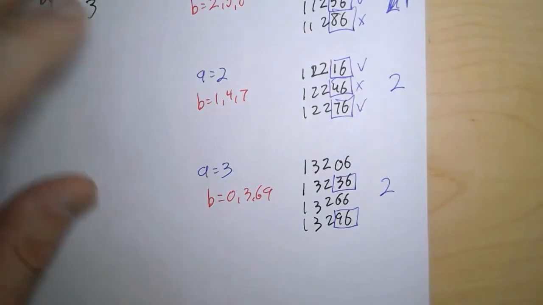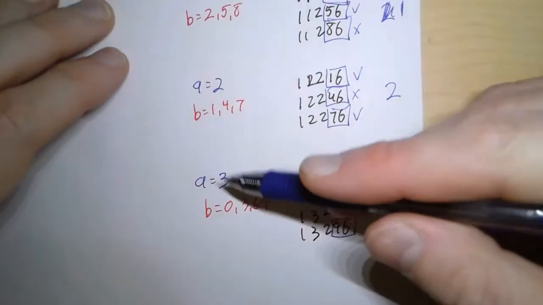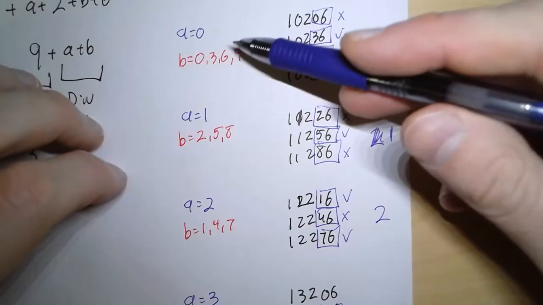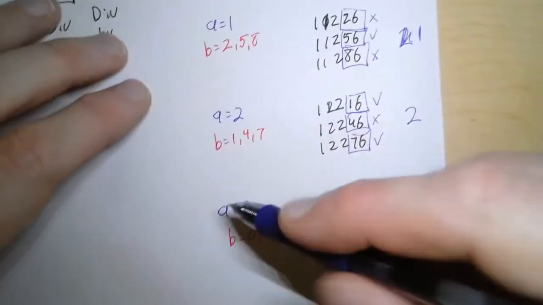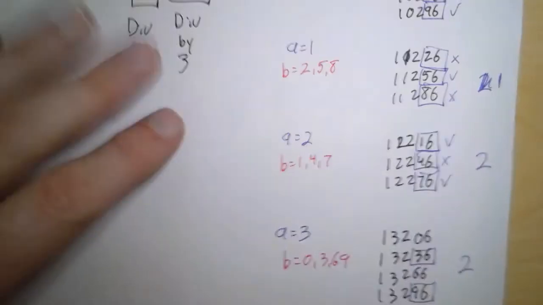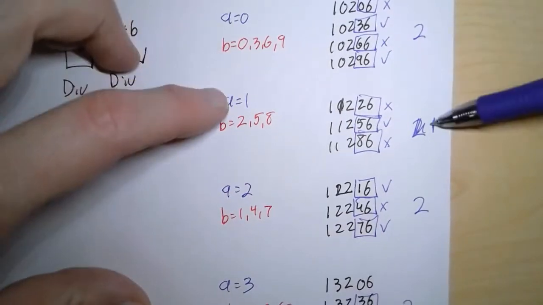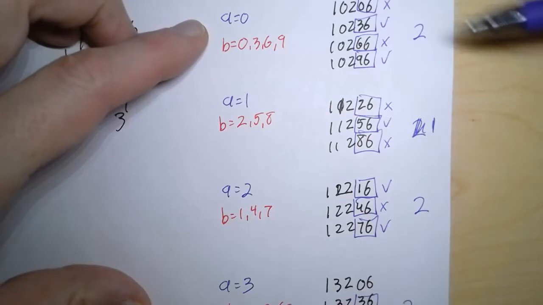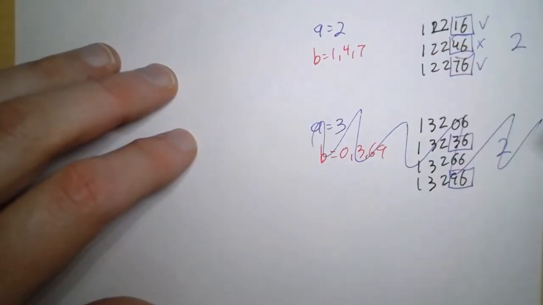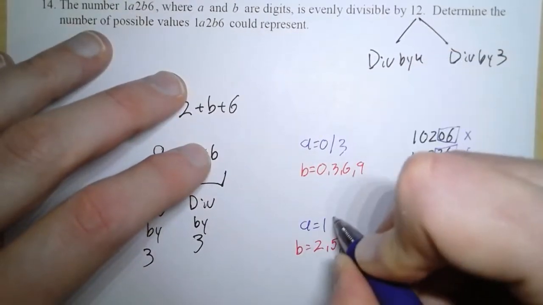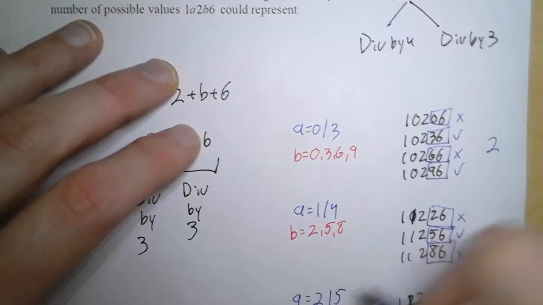So we can just say that when a equals 3, that's just a repetition of when a equals 0. So this will be the same when a equals 4, 5, 6, 7, 8, and 9.